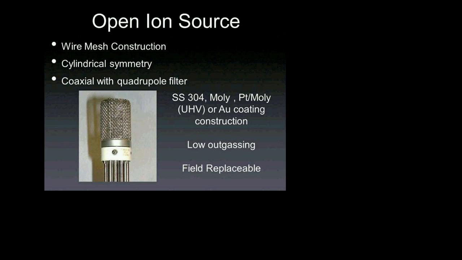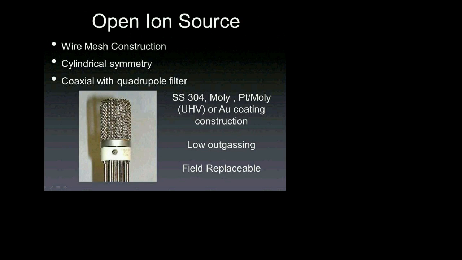So when you're buying an RGA, depending on your analysis requirements, particularly if you're going to be doing a lot of hydrogen measurement in UHV, you really have to pay attention to what you get. And if you're doing UHV, my recommendation is always to ask for a platinum-clad moly ionizer.